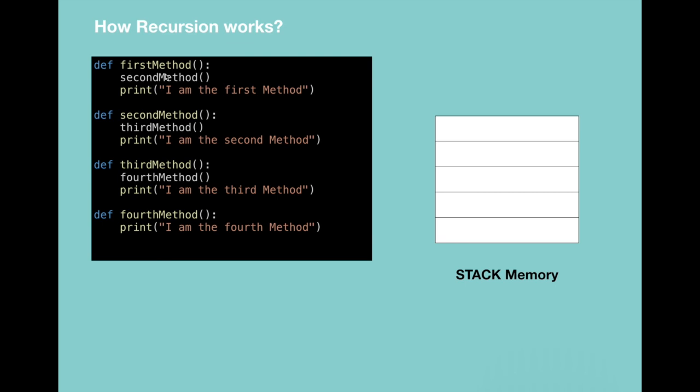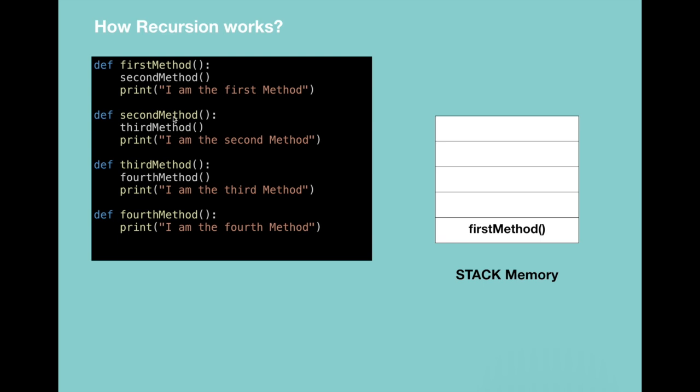So the system needs to store the first method somewhere to come back for executing the rest of the code within the first method once the second method execution is done. So the system will push the first method to the stack memory. In this way, the system remembers that it needs to come back to the first method.